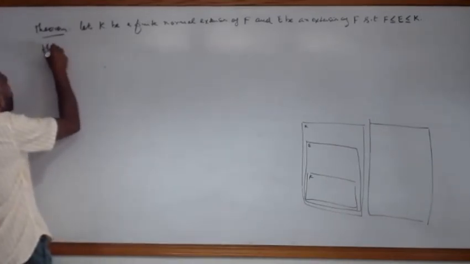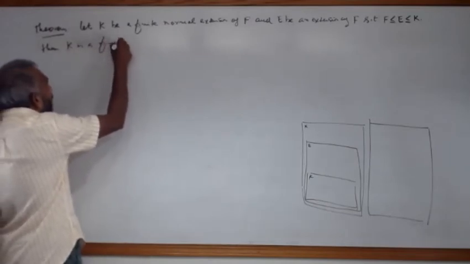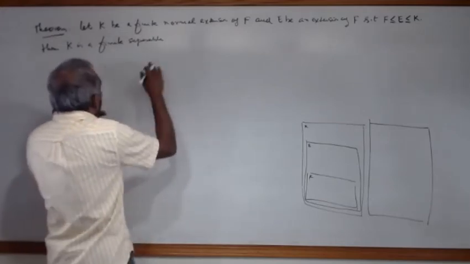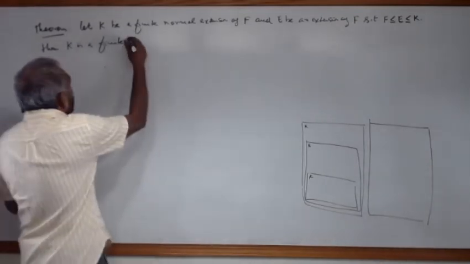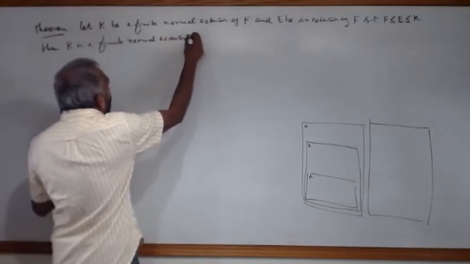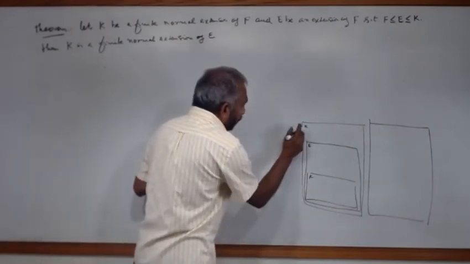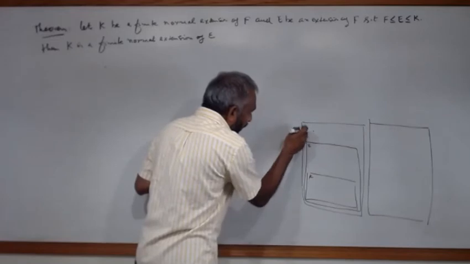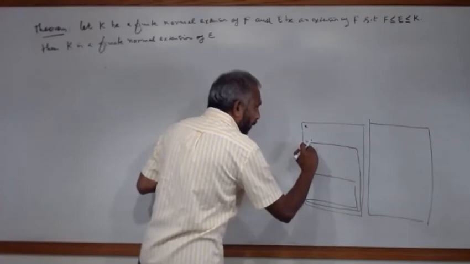Then K is a finite normal extension of E. K over F is given, but if you add one more field in between, then this will be a finite normal extension of E also.